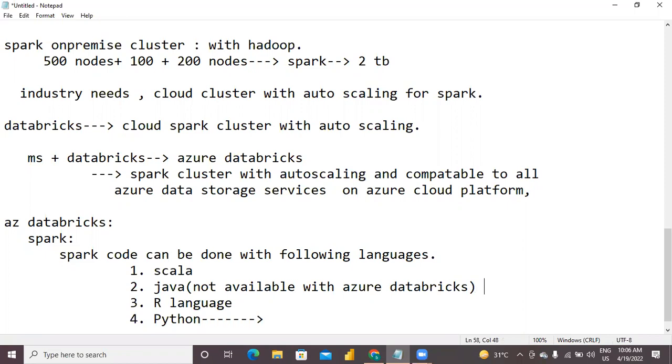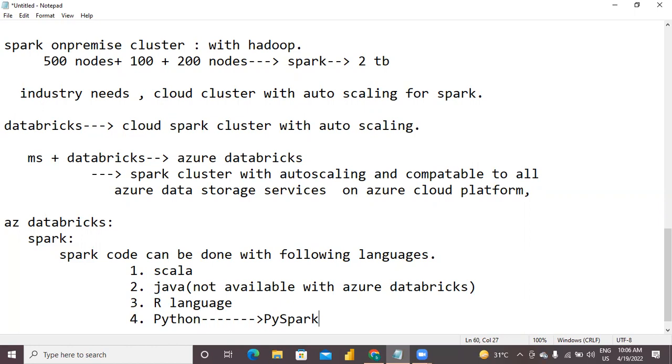This Python plus Spark is called PySpark. For most Azure data engineers, in Databricks applications, PySpark is the majority of the code. Okay, it is not a rule. Currently, most projects are in PySpark, especially on the Databricks side.